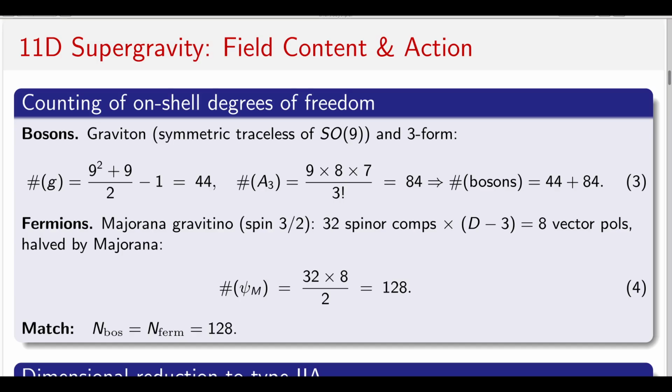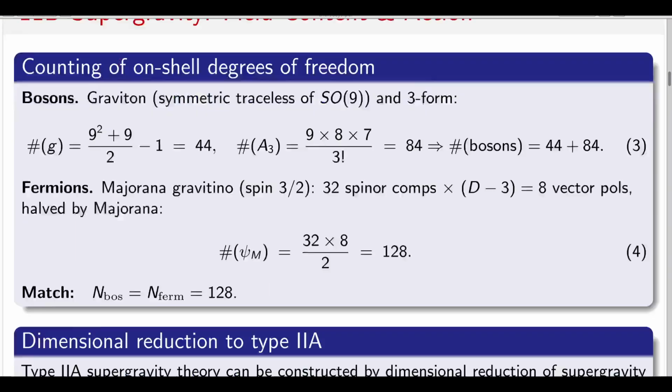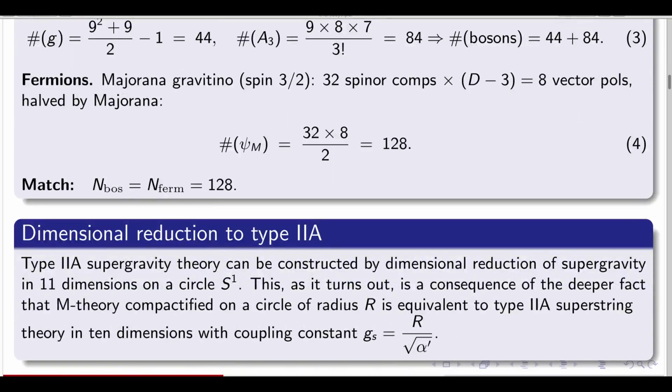We now compactify on a circle, denoted S1. M-theory compactified on a circle of radius R is equivalent to type IIA string theory in 10 dimensions, with the string coupling given by g_s equals R over square root of alpha prime. Here, alpha prime is the string slope parameter that sets the string length scale. Through this reduction, the 11-dimensional fields reorganize into the 10-dimensional sectors of type IIA supergravity.